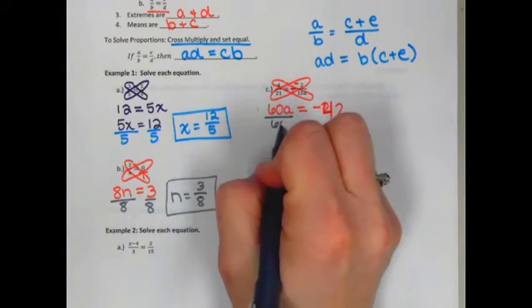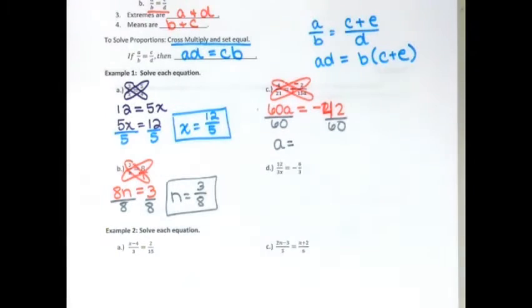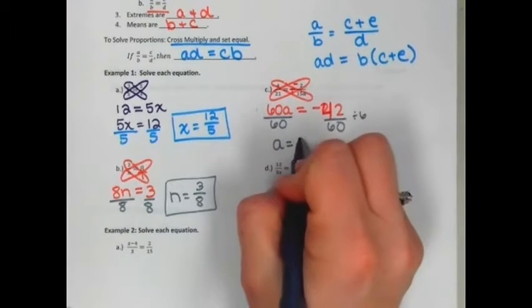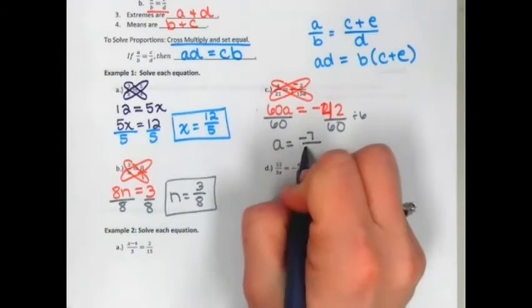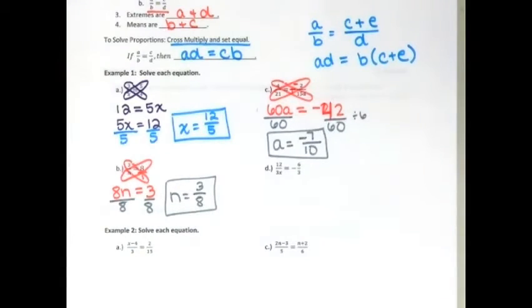Divide by 60. So a would equal, now negative 42 over 60, I can simplify that, right? What can go into both of those? A 6. And 42 divided by 6 is 7. So negative 7 over 10. There you go. All right, go ahead and do D.